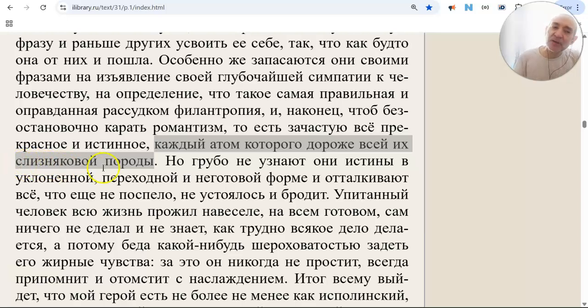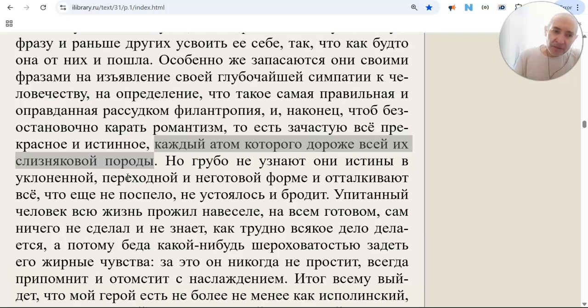So, слизняковой порода means breed. Therefore, слизняковой породы would mean a sluggish breed or slug-like breed.